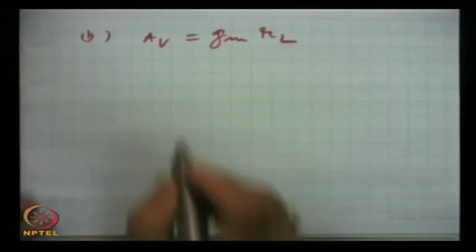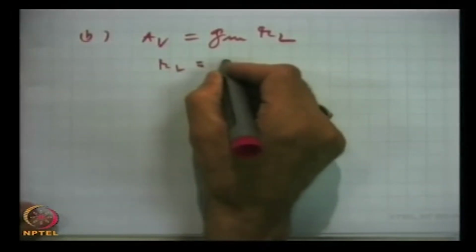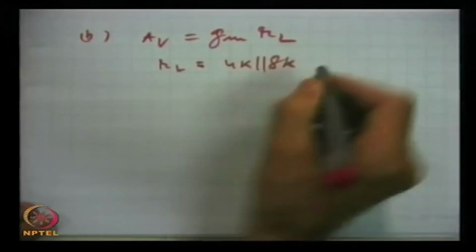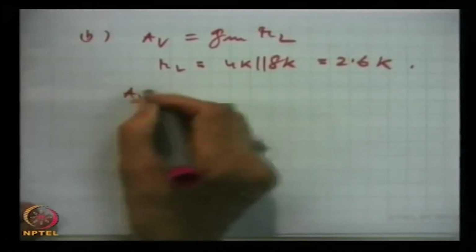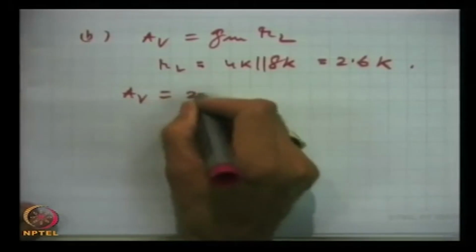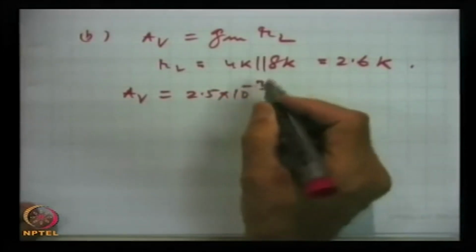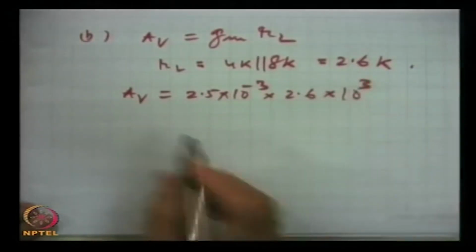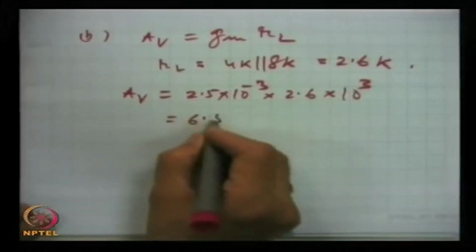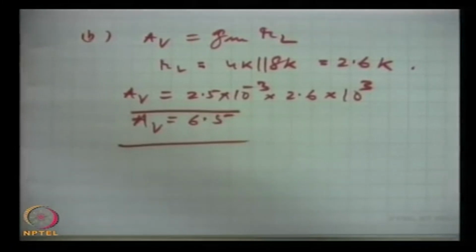So, hence RL in the present case is 4 K and 8 K, and that comes out to be 2.6 K. So, then AV becomes 2.5 into 10 to the power minus 3, that is the value of GM, and into 2.6 K. So, this is 6.5. The voltage gain for the common source amplifier is 6.5.